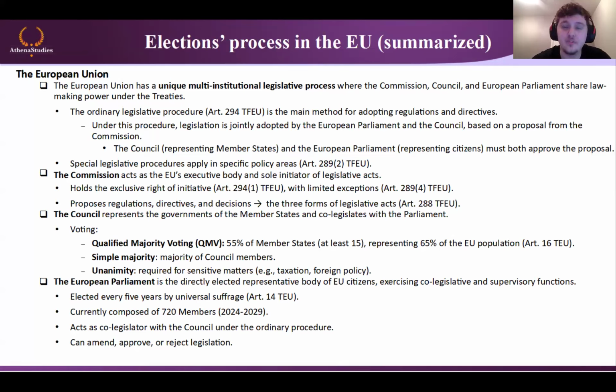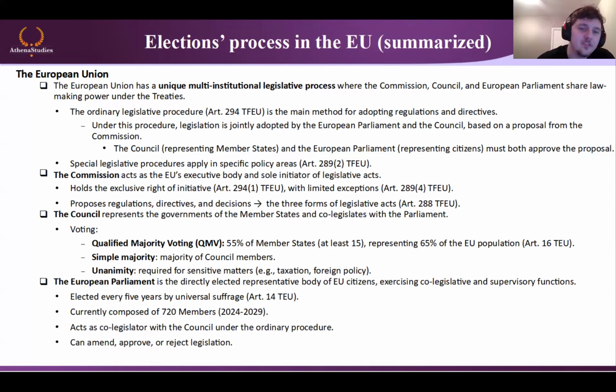And that's based on the proposal from the Commission. So the Commission proposes a law, and then it goes to the European Parliament and Council. So the Council represents member states, and the European Parliament represents citizens of the EU. Because yes, if you are born in the EU, you are also a citizen of the EU. Both must approve the proposal.